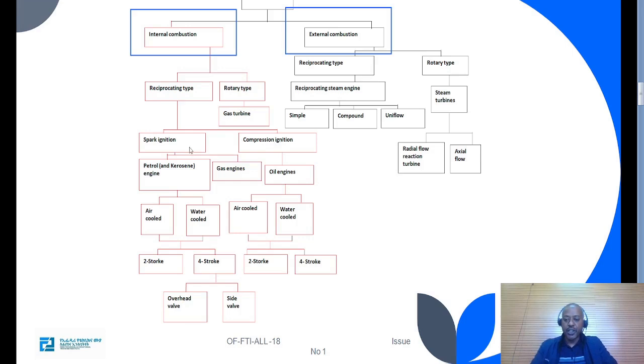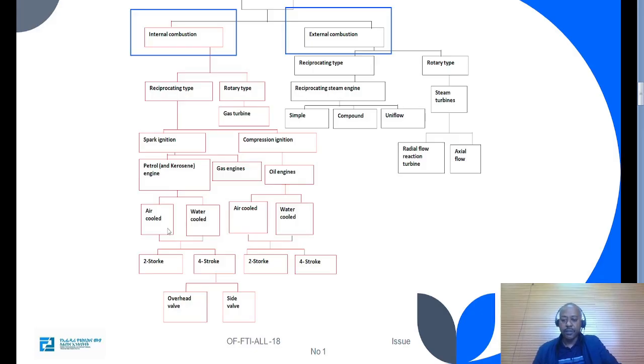The spark ignition engine is again categorized into petrol and kerosene engine and gas engine. The petrol and kerosene engines are also subcategorized based on their cooling system into air cooled and water cooled.